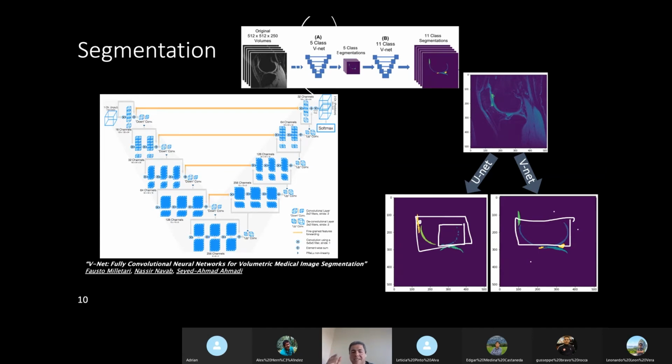It would mistake a lot of pixels between the lateral side and the medial side, and that was a big problem for us. With this approach, the second network only has to say, this is the medial and this is the lateral. It doesn't need to assign the pixel to class 1, 2, 3, 4, or class 11. So we made it an easier problem for the second network. Okay, I got it. Thanks.